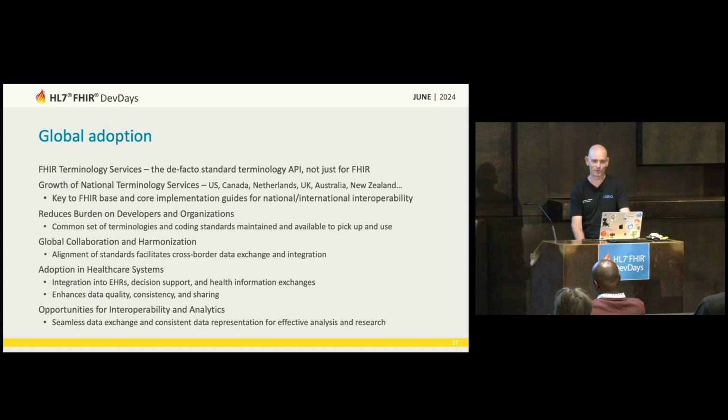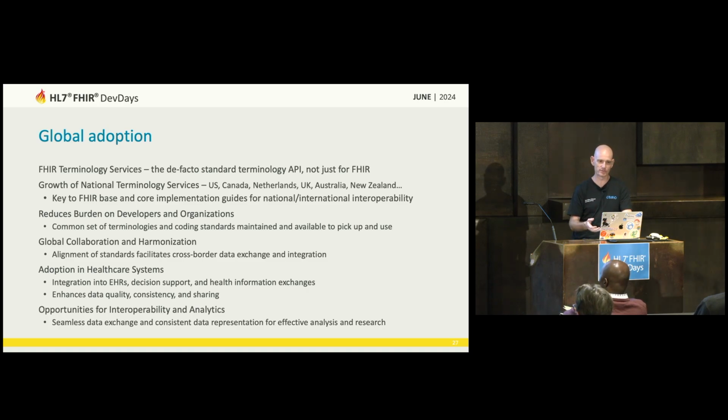There's been a growth of national terminology services rolling out across the world, which is also really good. It's excellent for the base and core implementation guides that are being created in a number of different nations, including my own.